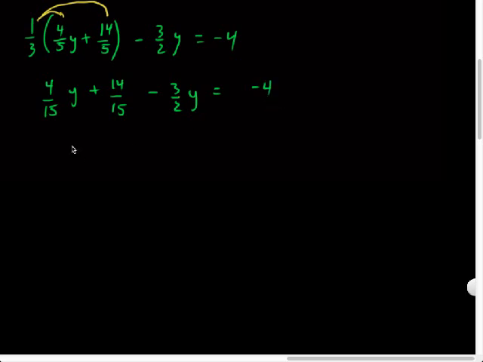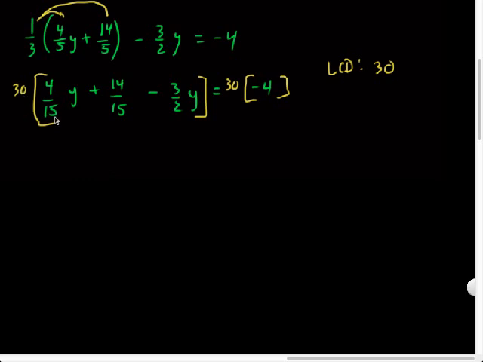You guys want to try that? Between 2 and 15 and 1, what is the LCD? 30. All right. Multiply both sides by 30. What that's going to do is kill all of our fractions, which you don't have to do. You can work with the fractions instead if you prefer.